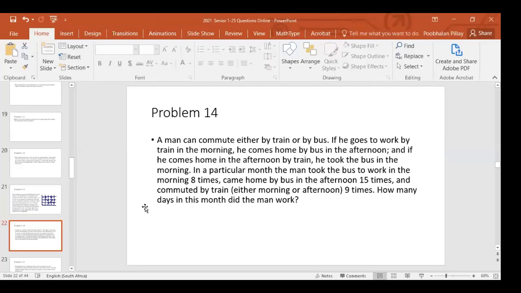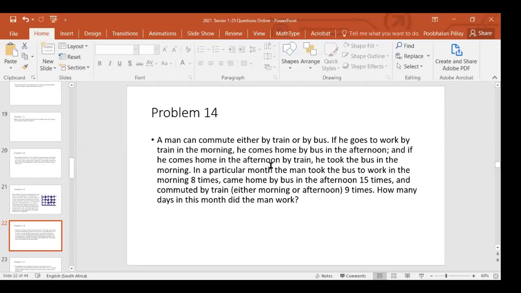A man can commute either by train or by bus. If he goes to work by train in the morning, he comes home by bus in the afternoon. Okay, that's understood. He goes from home to the working place. If he goes by train in the morning, in the evening he comes back by bus.